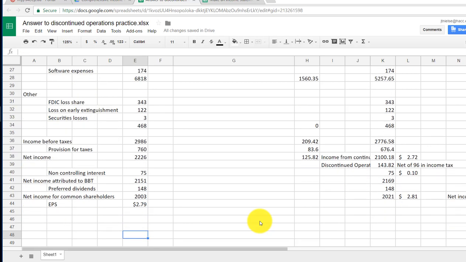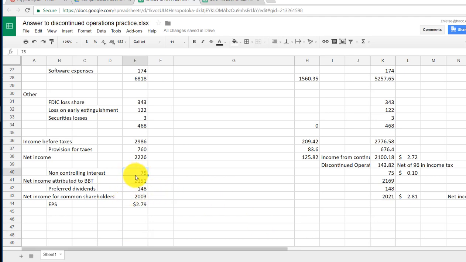non-controlling interest is the part of the business that is owned by shareholders that don't represent a majority of the stock. So if we own a subsidiary and we own 80% of that subsidiary, the other 20% is what is referred to as a non-controlling interest.